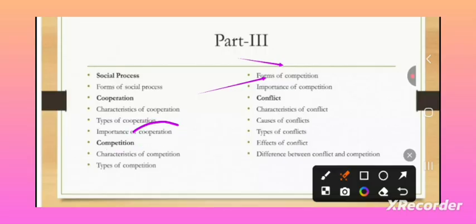Competition: characteristics of competition, types of competition, forms of competition, importance of competition. Conflict: characteristics of conflict, causes of conflict, types of conflict, effects of conflict, difference between conflict and competition.